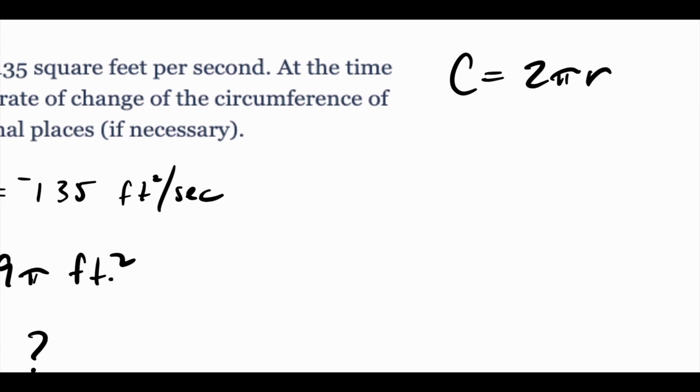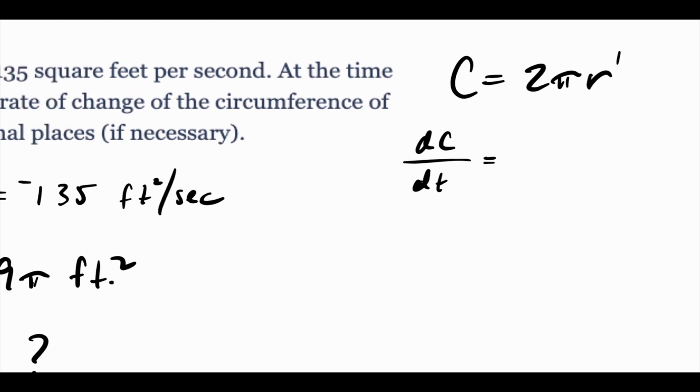Okay, so got to find the derivative of that guy. So d capital C over dt. Luckily, this guy's only got one variable, r, and the power is just 1. So it's going to be 2 pi.